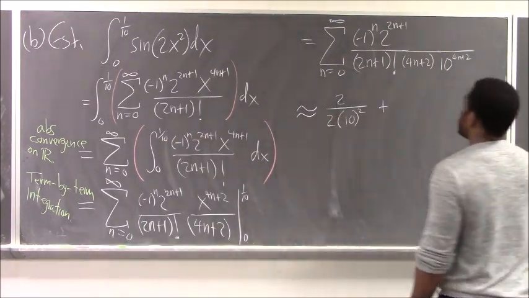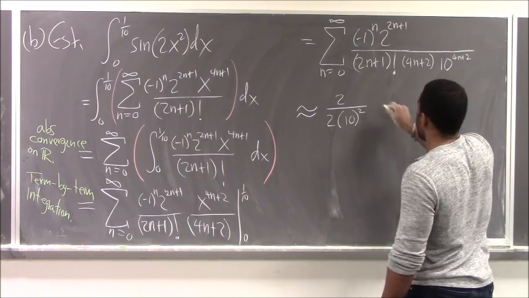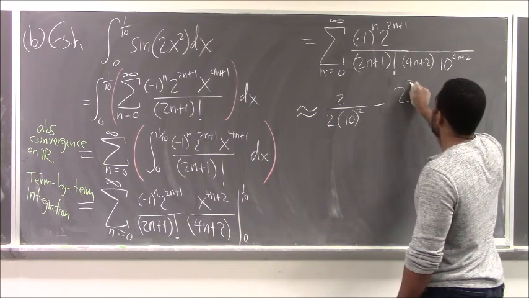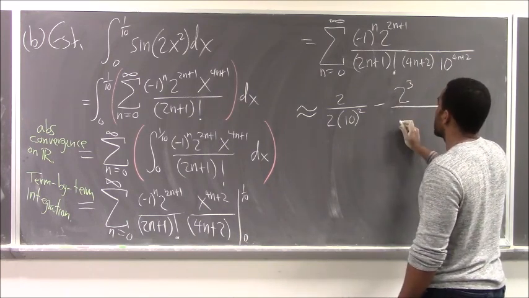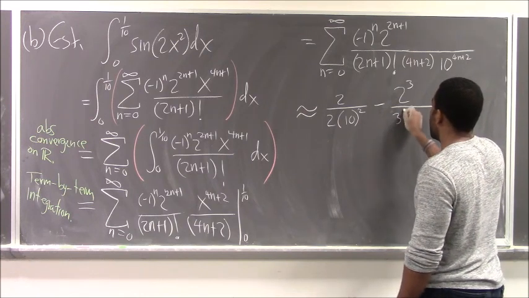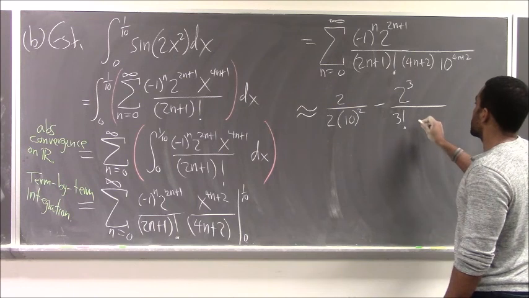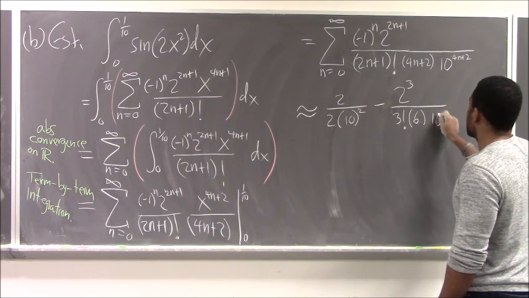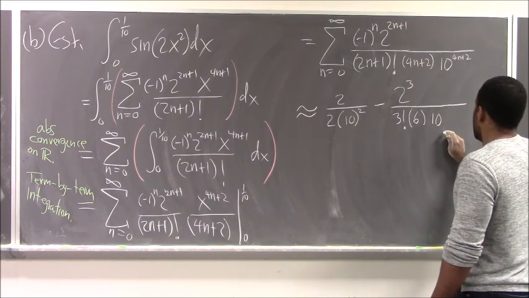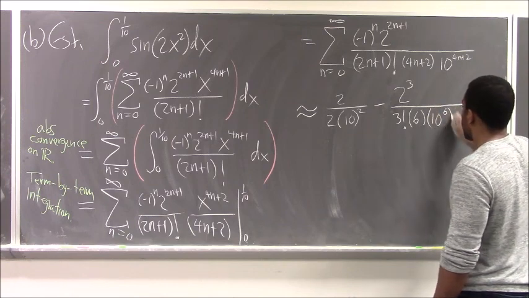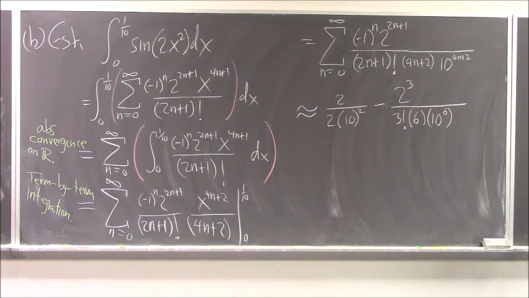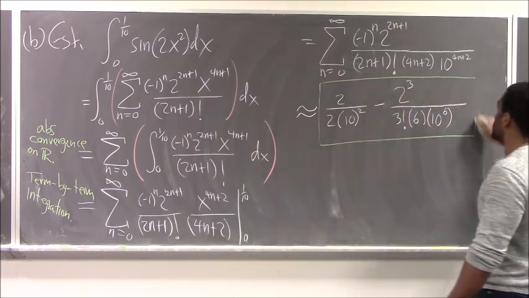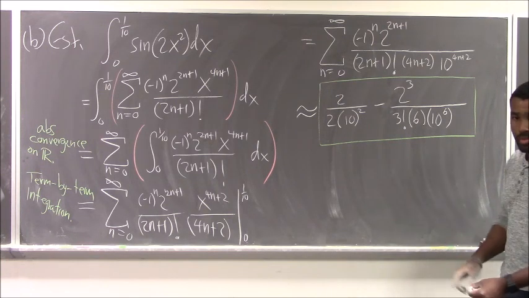Plus, plug in n equals 1, this will give me a minus 2 cubed over 3 factorial times 6 times 10 to the 6. And that is my approximation as a sum of two fractions.